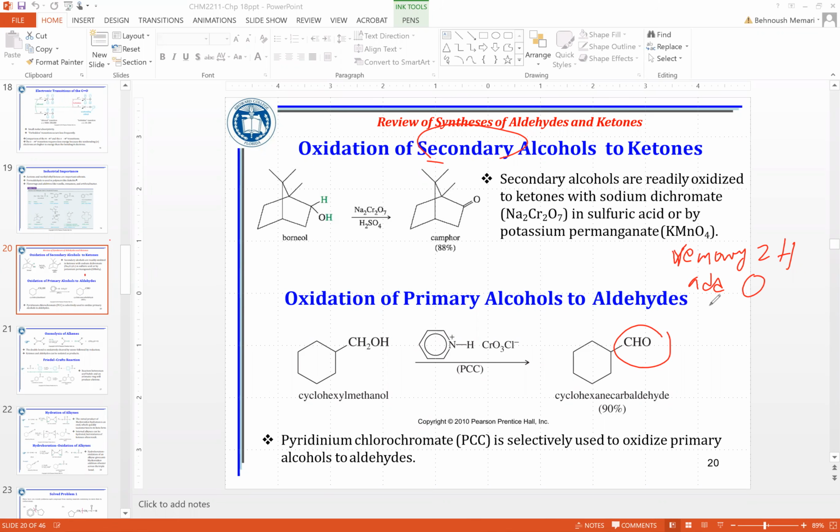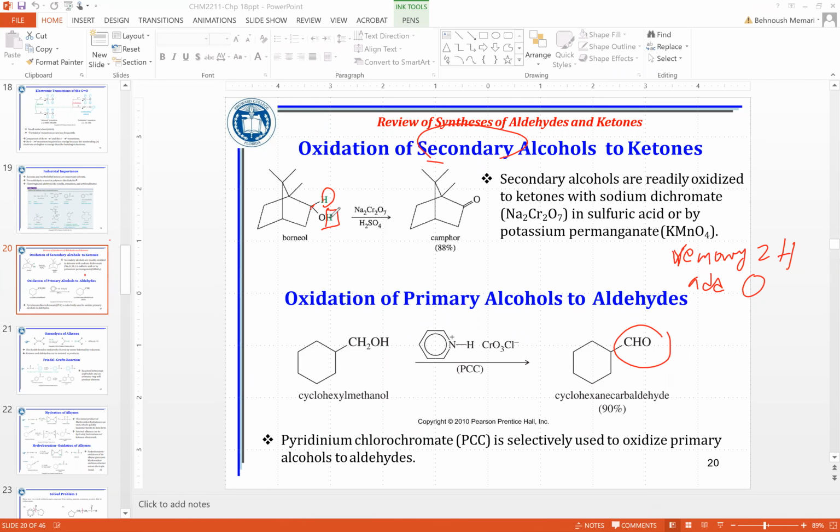The hydrogens that are removed when you have alcohol: one is the hydrogen from OH, and the other one is the hydrogen from the same carbon that carries the OH. So when you remove these two hydrogens, then carbon needs to have, I'm sorry, 4 bonds. So we have to give carbon a double bond to oxygen in order to satisfy 4 bonds.